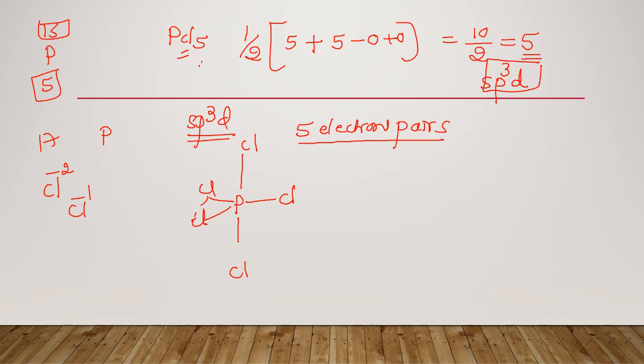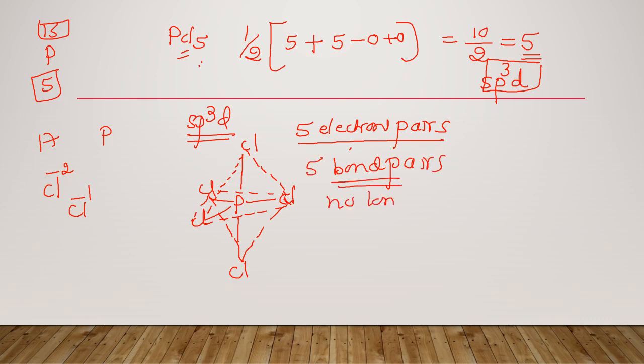All the chlorine atoms are bonded to phosphorus. That means there are 5 bond pairs. All the 5 electron pairs are bond pairs. There are no lone pairs of electrons. 5 bond pairs, no lone pairs.